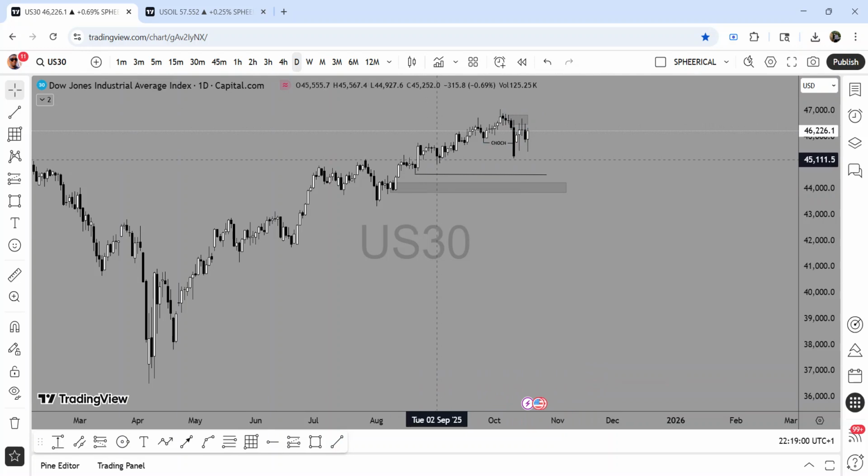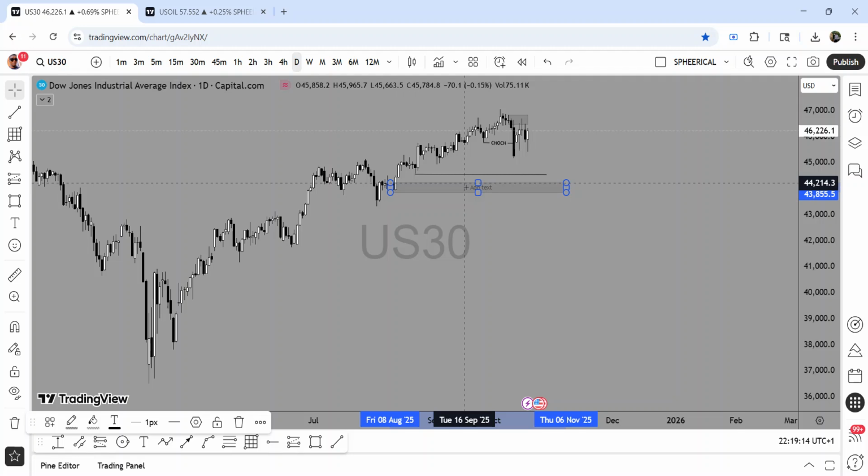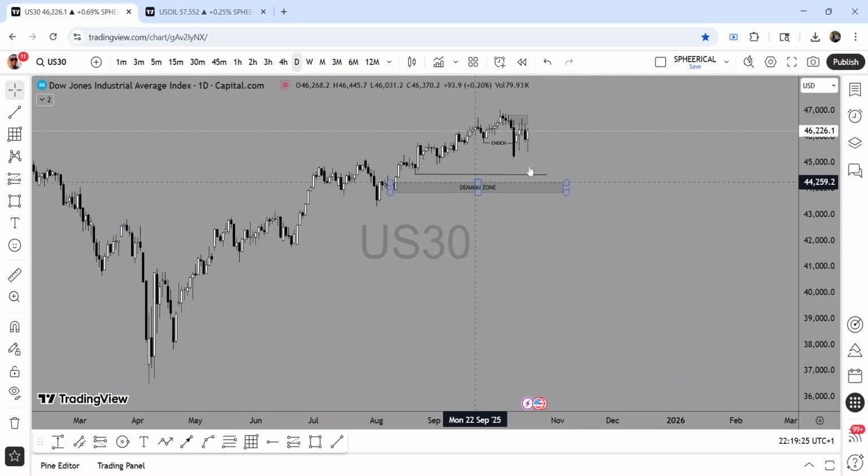You can see this point mitigated this other block, so the market has used it to push above here. And there's no valid point of interest anymore here except from this demand zone we have here. Let's label it, this demand zone.